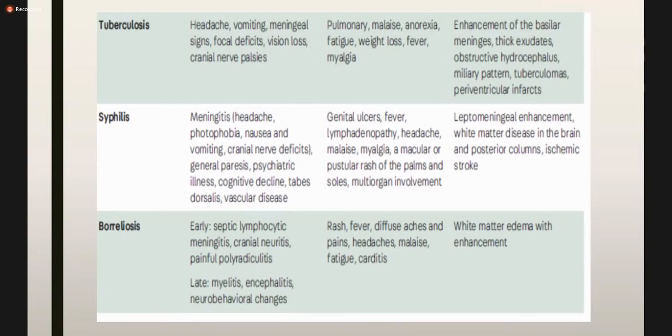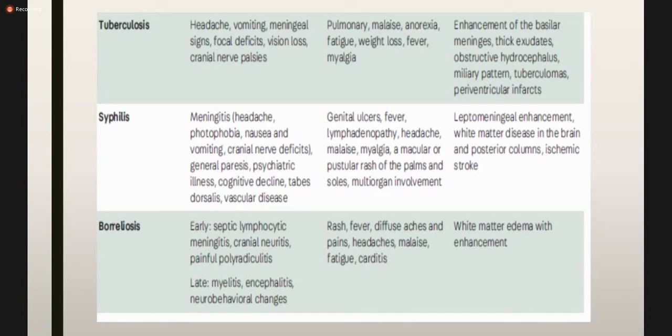In these patients, if you see the radiology, MRI or CT scan with contrast, you can find enhancement of the basilar meninges, thick exudates, obstructive hydrocephalus, and tuberculomas with periventricular infarct.